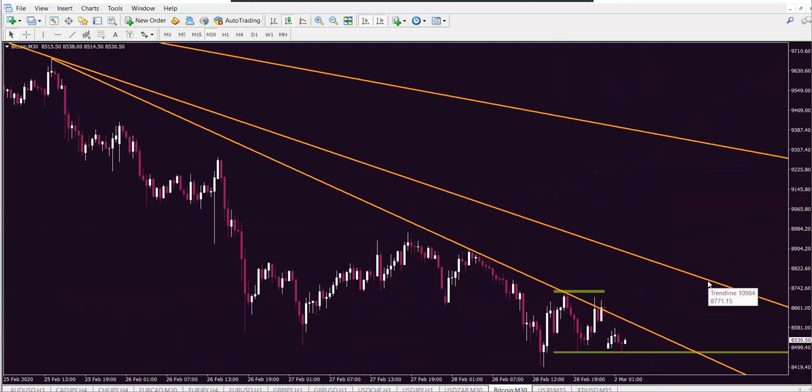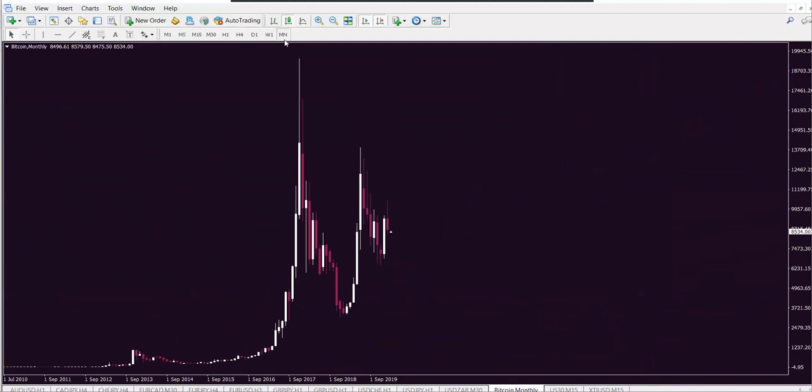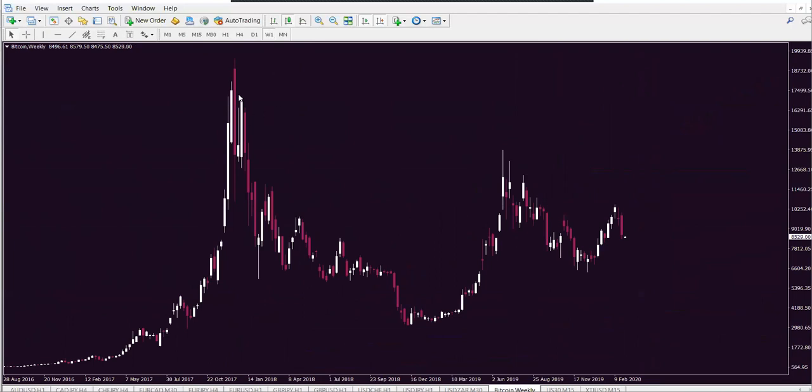All right, on to Bitcoin. Bitcoin and USD ZAR is a bit tricky. So let's see. Spiky down, spiky down, spiky down.